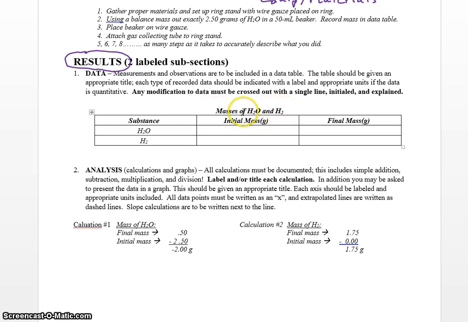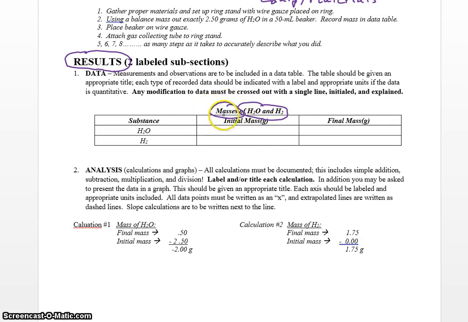Be specific. Don't just say materials used for experiment or data table or quantitative data table. See how the title that we have used here, masses of water and hydrogen, indicates specifically that these are the substances that we're measuring, and this is what we are measuring for that substance.